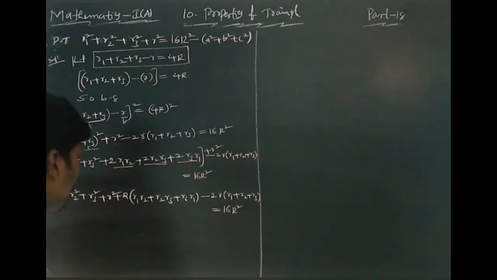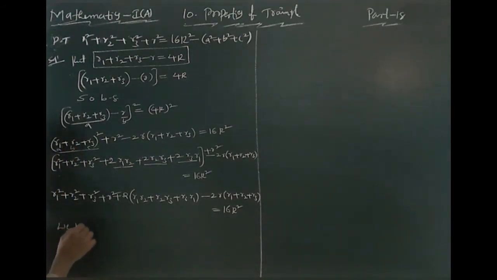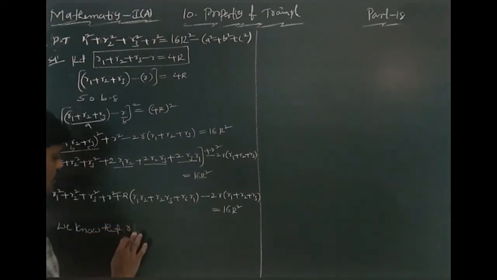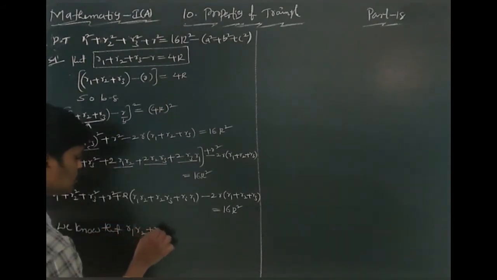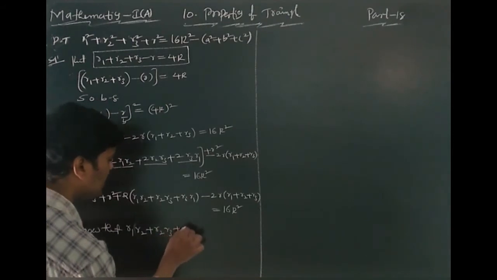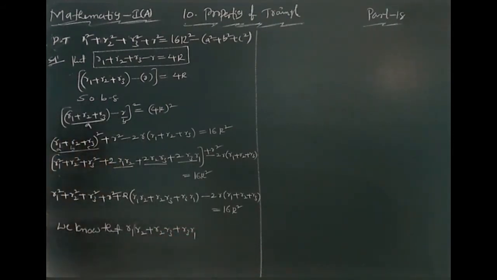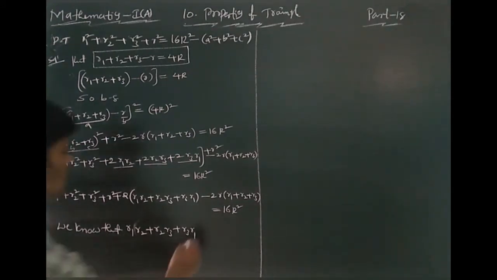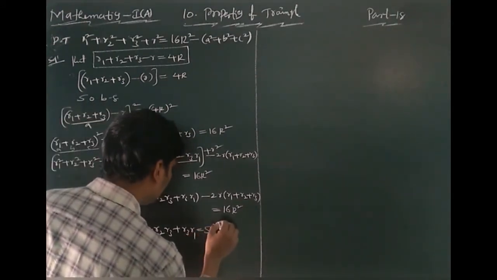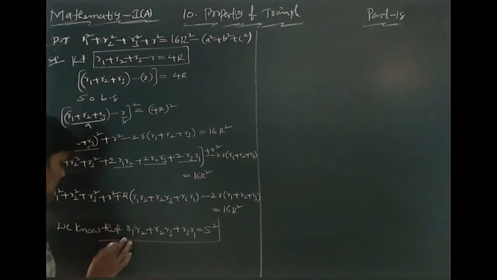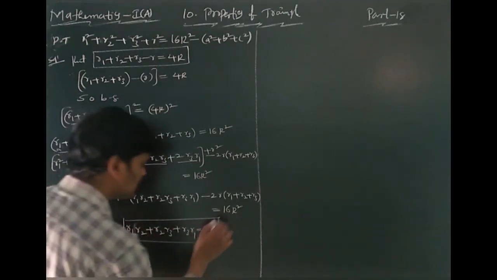Here you know that r1r2 + r2r3 + r3r1 is equal to s square. This value was already explained in previous classes.